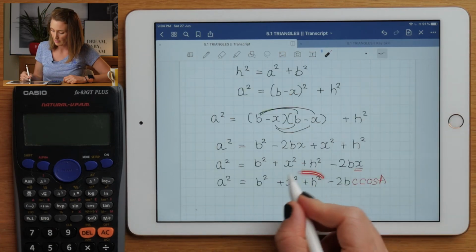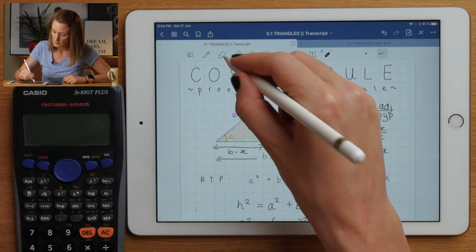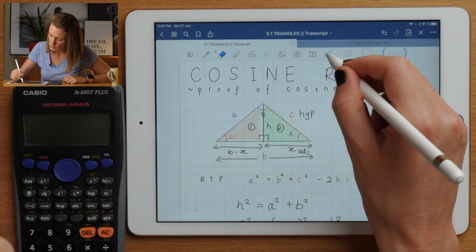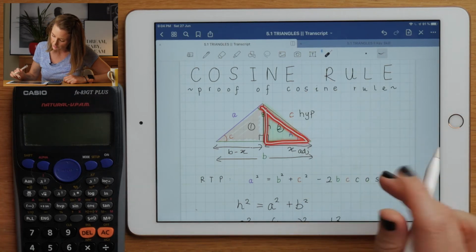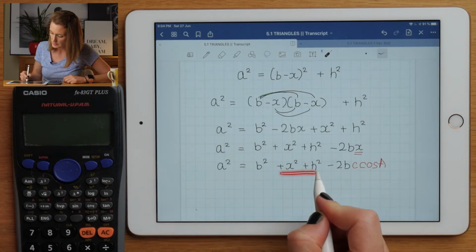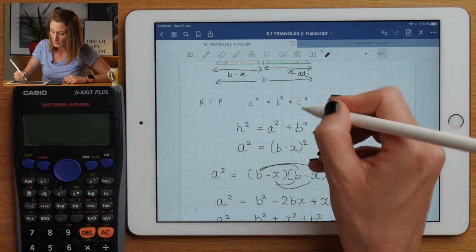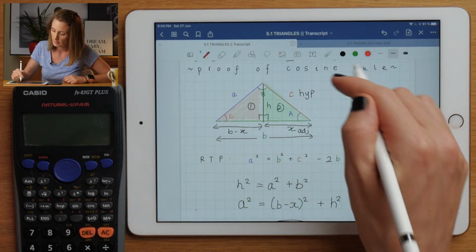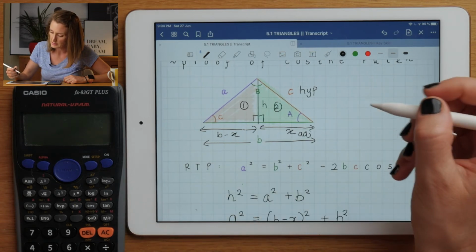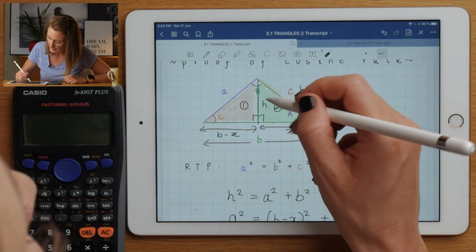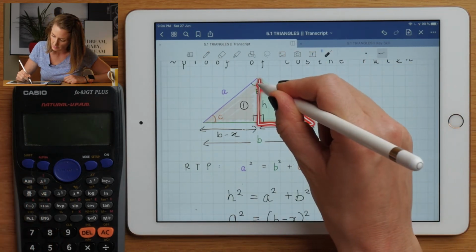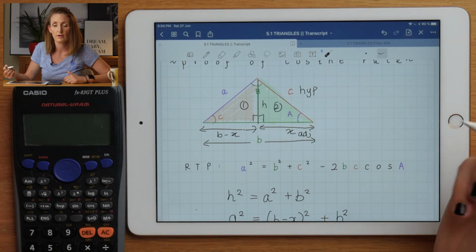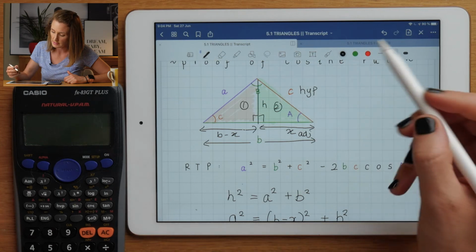We need to do the same thing for x squared plus h squared. So still working in the green triangle, in triangle 2, I'm going to form an expression for x squared plus h squared. And we already know that it needs to be c squared, right? Because we know what the formula is, what the answer should be. So if I'm trying to get a formula that links x squared and h squared and c squared together, and I've got a right angle triangle, it makes sense to use Pythagoras' theorem.